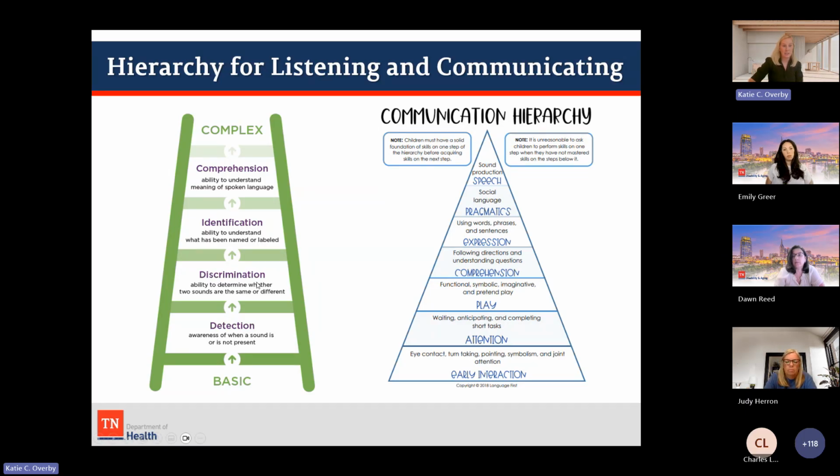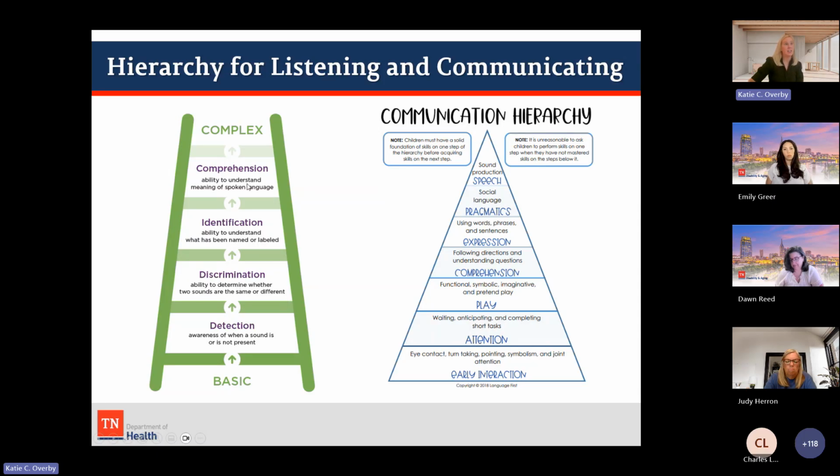Then we're going to move into that discrimination. So the ability to determine whether 2 sounds are the same or different. Sometimes that would look like a short burst of sound and then a long sound. So we could say one sound and then we would say bop, bop, bop, bop, bop, bop, bop. And can they discriminate between those 2 sounds?